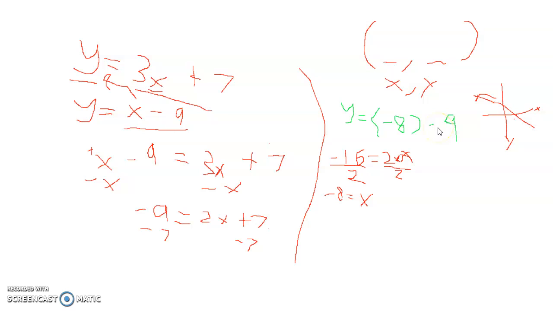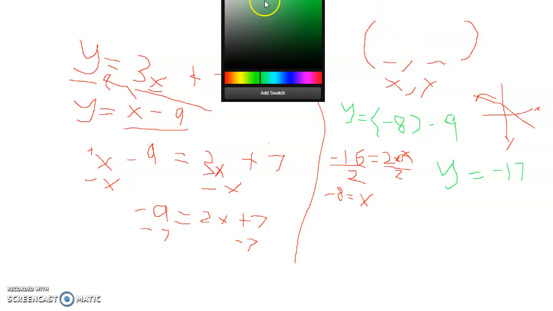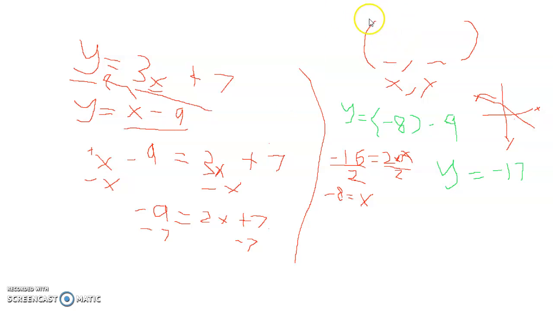When you simplify it, negative 8 minus 9, you get y equals negative 17, because this is a negative, and so negative 8 minus 9, which is basically adding negative 9, is negative 17. Now let's get a nice blue here, and we're going to put x, which is negative 8, and then y, which is negative 17.